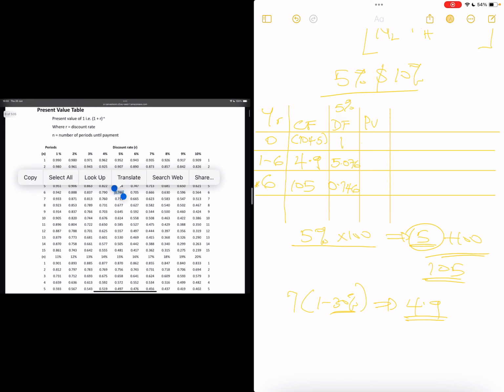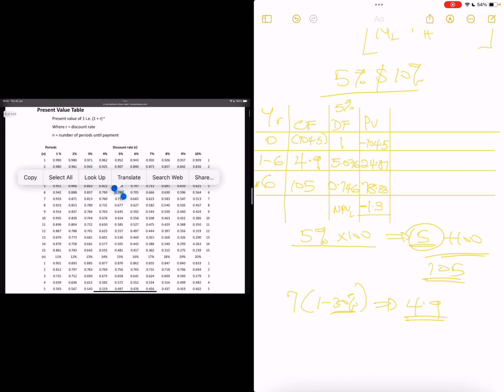So this remains minus 104.5. Then 4.9 times 5.076, that gives 24.87. 105 multiplied by 0.746 gives 78.33. And if you add everything together, you have minus 1.3. So that is NPV at lower rate.